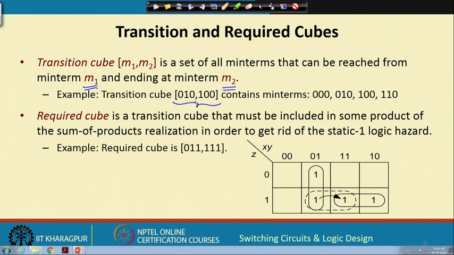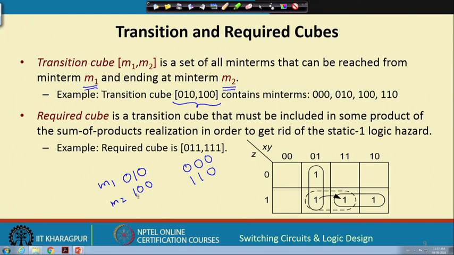Suppose m 1 is 0 1 0 and m 2 is 1 0 0. So, I want to go from 0 1 0 to 1 0 0, but I can change only one input at a time. So, there can be minterms like that. In addition to 0 1 0 and 1 0 0, there can be 0 0 0 and there can be 1 1 0.